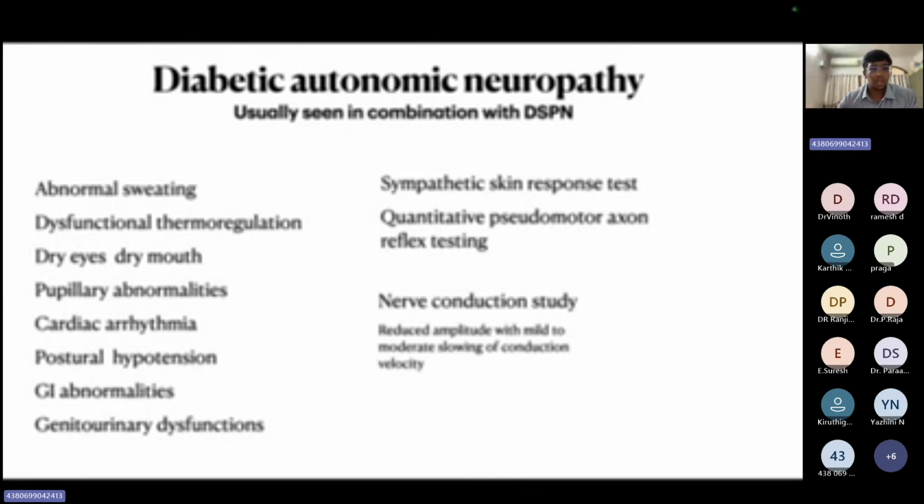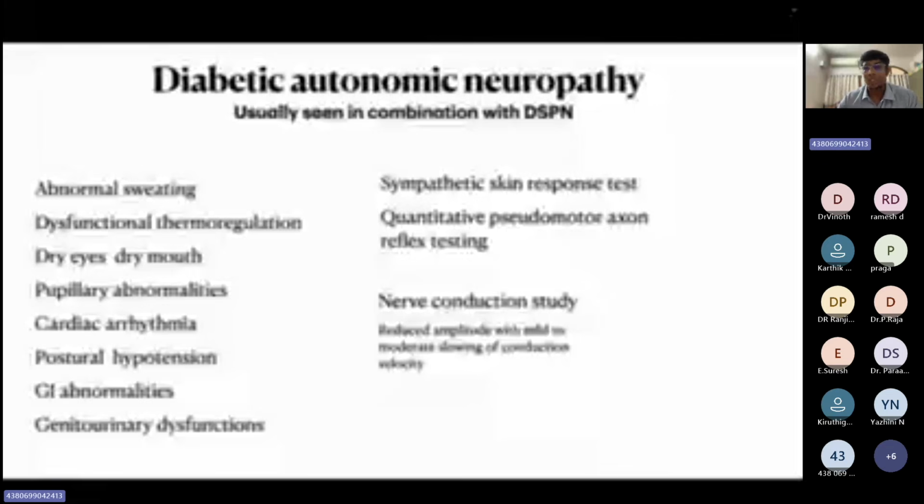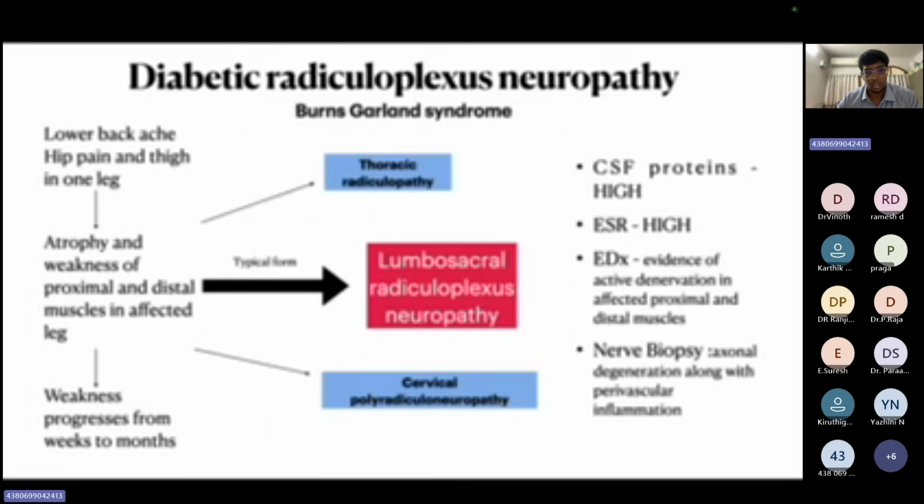The patient also experiences genitourinary dysfunctions. Investigation is majorly on sympathetic skin response test and quantitative pseudomotor axon reflex testing. The nerve conduction study shows the same as that of DSPN, which is reduced amplitude with mild to moderate slowing of conduction velocity. Next, we will go on to diabetic radiculoplexus neuropathy.